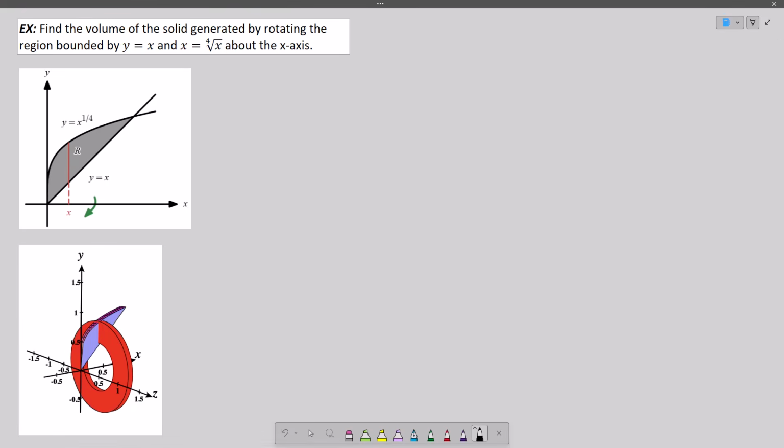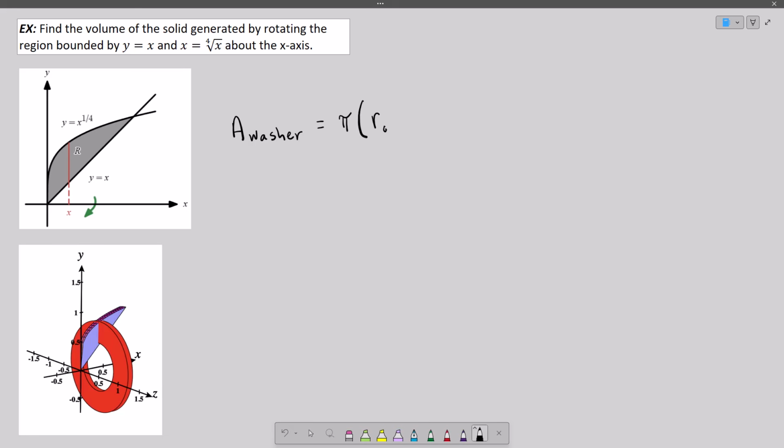So let's go ahead and set up our integral. One thing we haven't calculated yet is the limits of integration. We'll look at those in a moment. Let's just get the integral set up first. So the area is going to be the area of a washer, which is going to be pi multiplied by, and you can identify the radii in different ways.